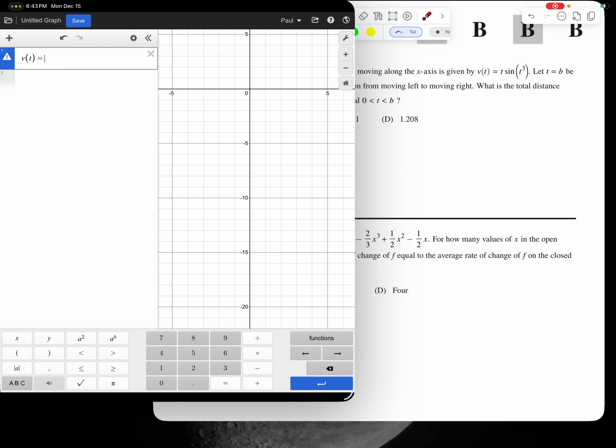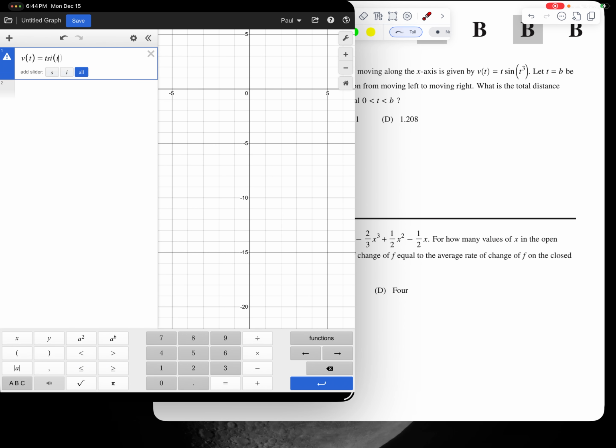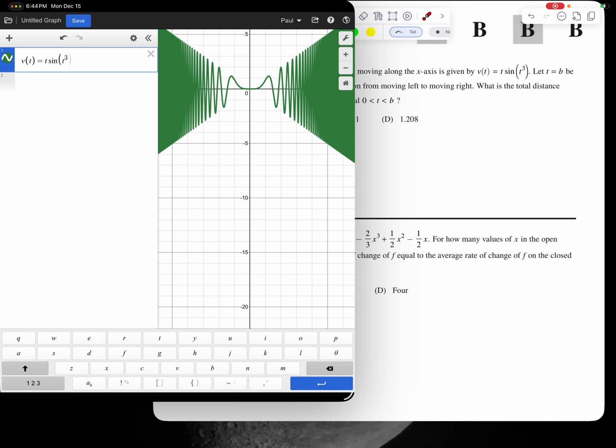So I'm going to type t sine parentheses t cubed. Of course, I didn't finish writing sine, so that's going to be a problem in a second, but let's go back over to here. Type in that letter n.